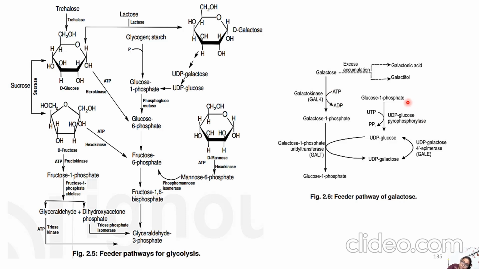Now glucose 1-phosphate can be converted to UDP-glucose via UTP to PPi, by UDP-glucose pyrophosphorylase. UDP-galactose 4-epimerase is also involved in the process. So these are the feeder pathways. Trehalose can get converted to glucose using trehalase.